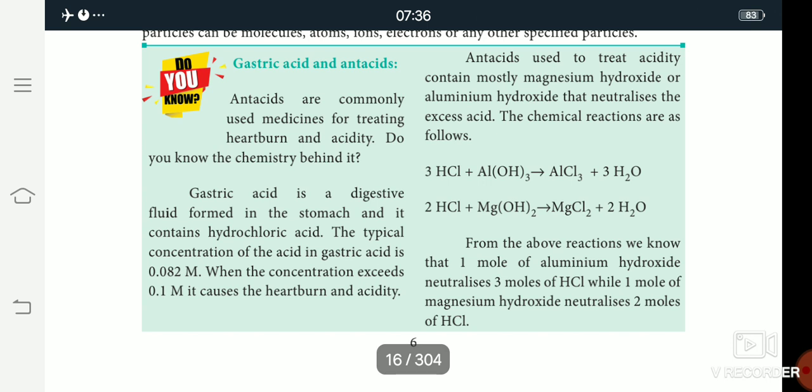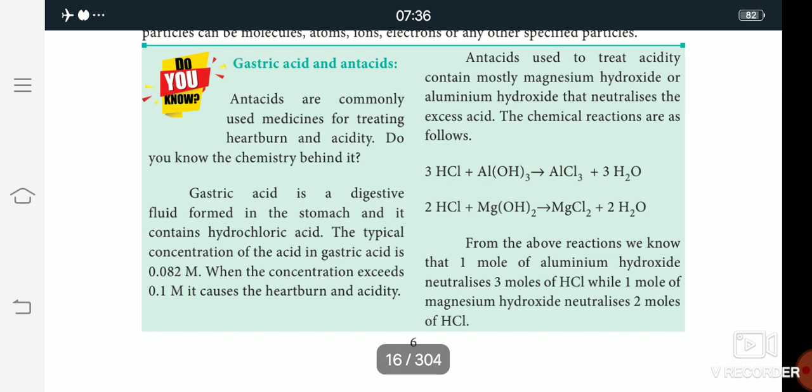In these reactions, the mole concept is the number of the substance, the number of the compound. In the first reaction, 3HCl means 3 moles of HCl and 1 mole of aluminum hydroxide, and the products are 1 mole of aluminum chloride and 3 moles of water.